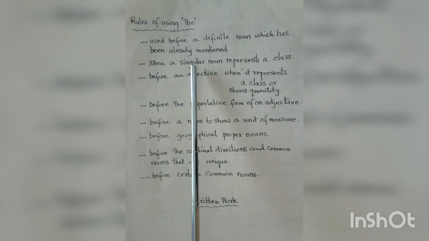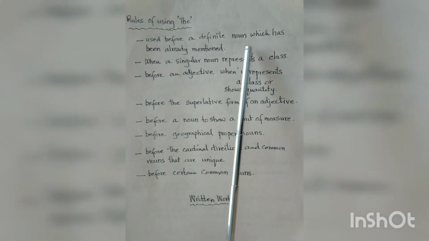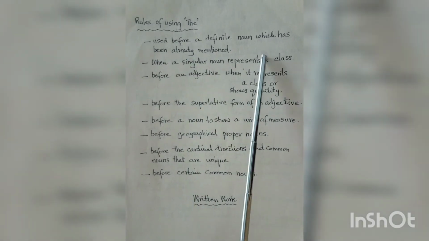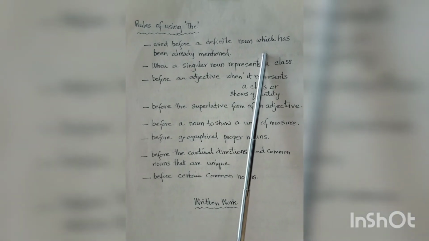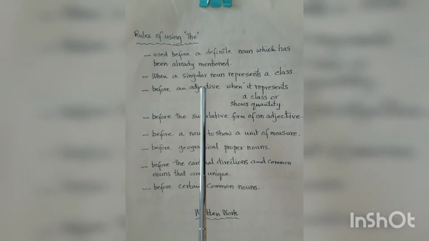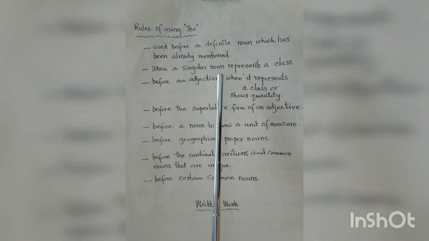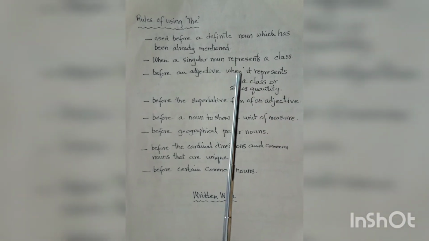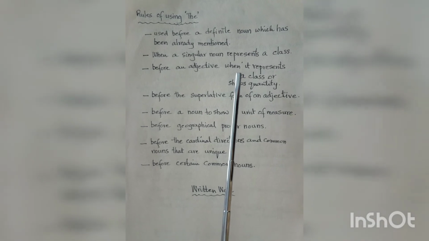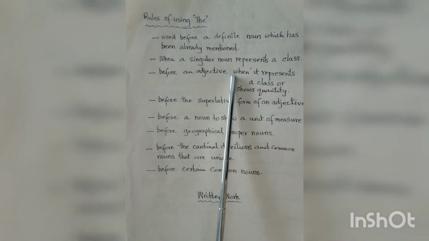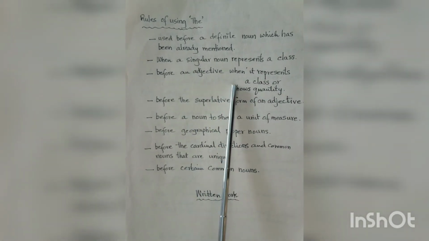We are talking about a woman, and we are referring to her in the second part as well. First we will say a woman who is in the black dress is the woman who had cheated upon me. So which article? The. Because we are referring to the same woman again.